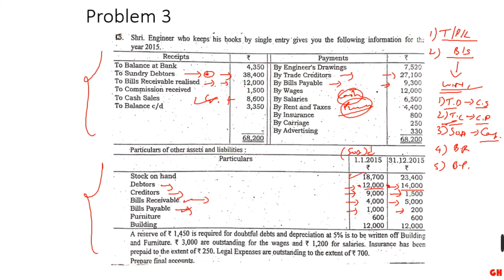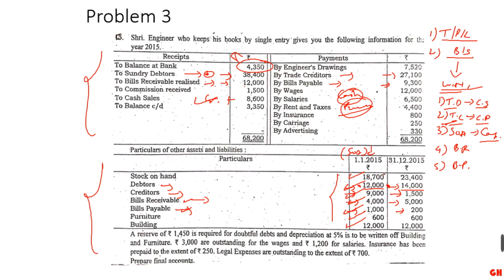This is last year stock, debtors last year, creditors last year, bills receivable last year, bills payable last year, and furniture, and this will all come in statement of affairs. From statement of affairs we will get the balancing figure, which will be called capital. Plus this will also come, because this is last year cash balance 4,350.